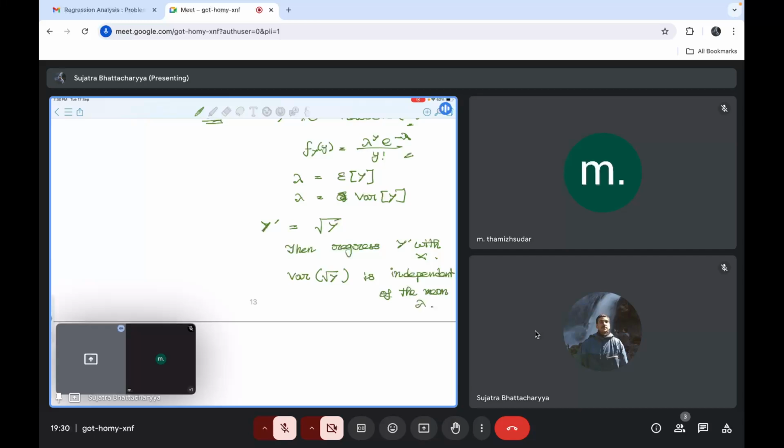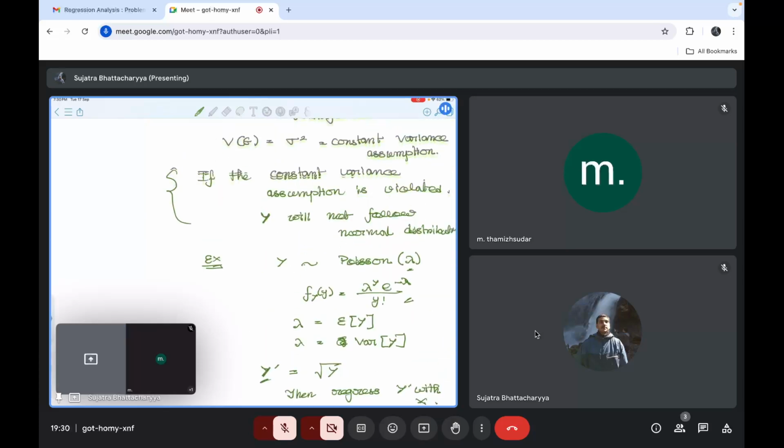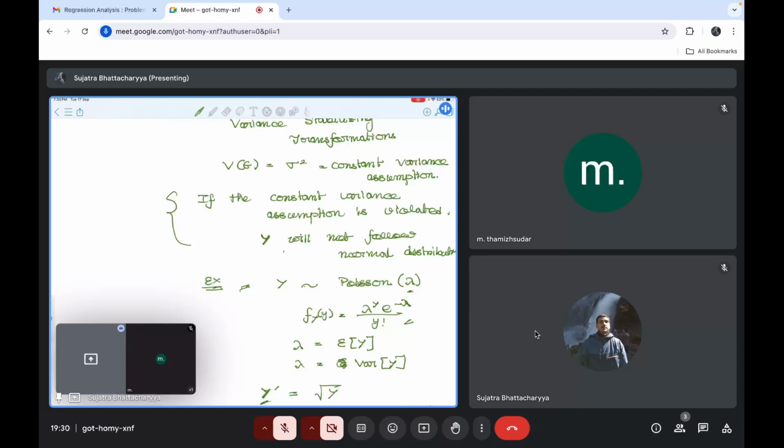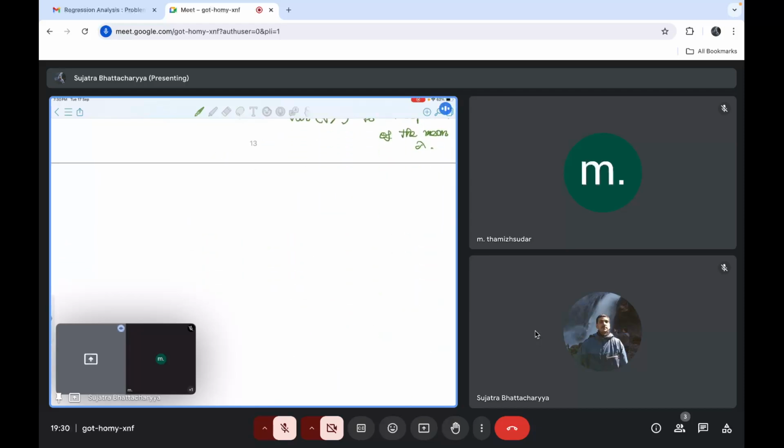So you will find that the variance of this y dash, which is root y, is independent of the mean lambda. Because of this dependence on lambda in the variance, you get this kind of Poisson distribution, not the normal distribution. Okay, so this is one of the cases.